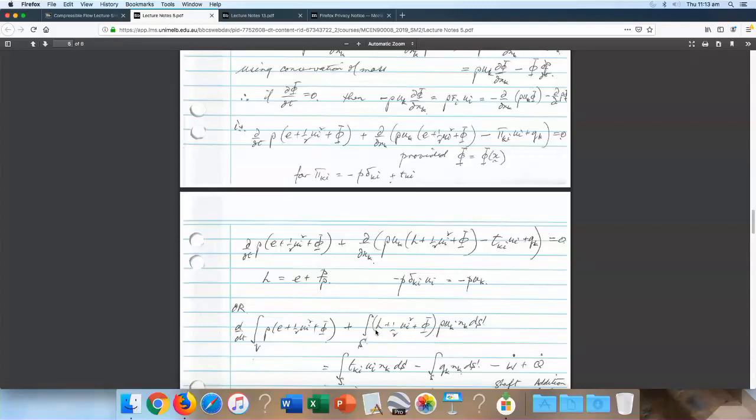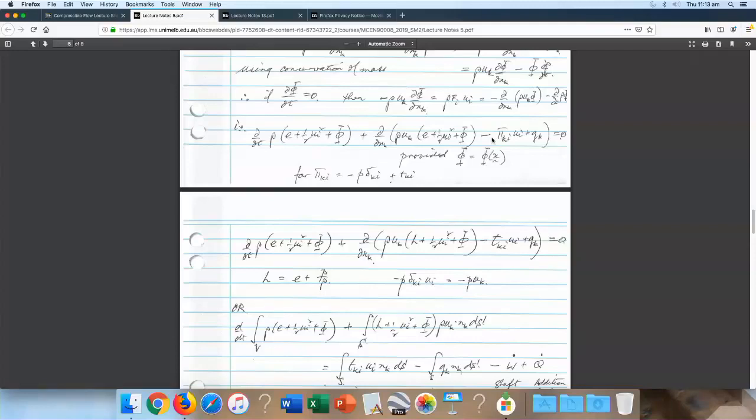So if that H is E plus P over rho, and I multiply that by a rho, I get just P, and I have therefore PUK on the left-hand side, so I've included the work done by the normal force, the pressure on the boundary, not by the viscous stresses on the boundary.